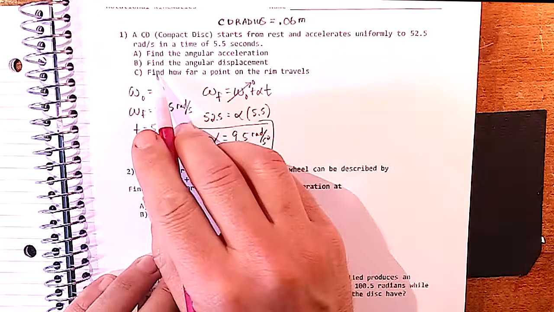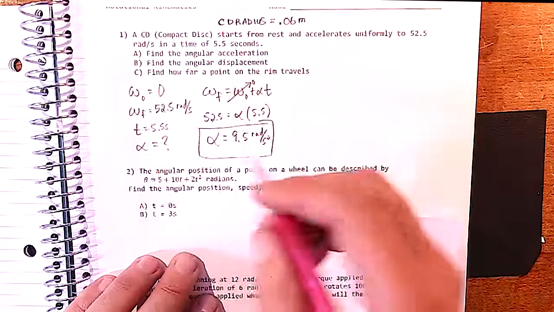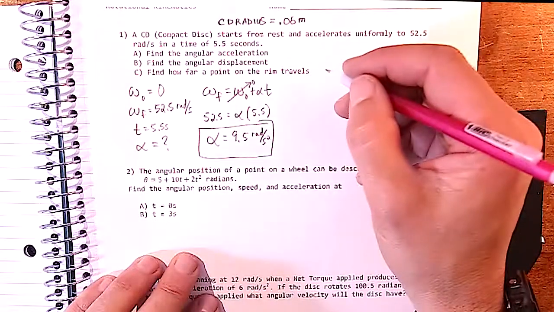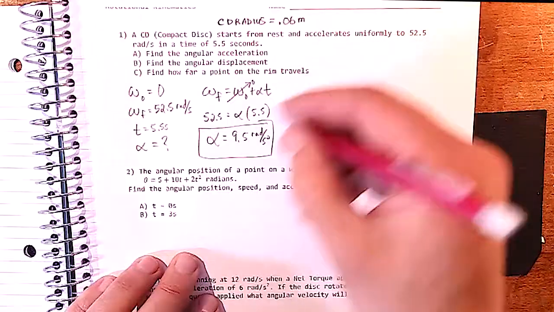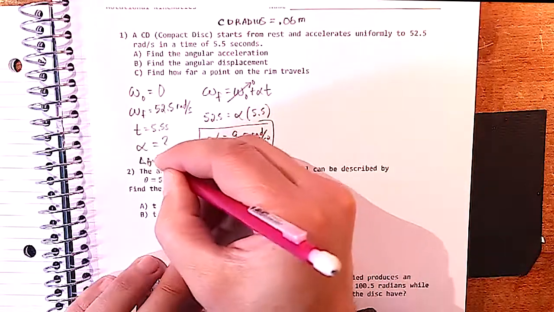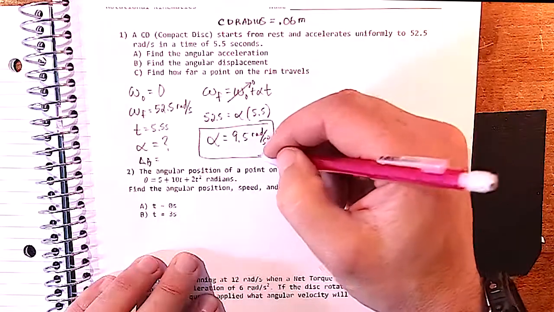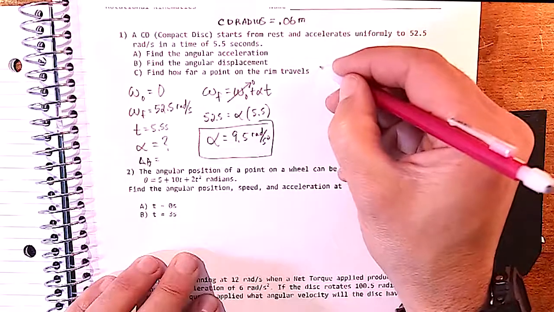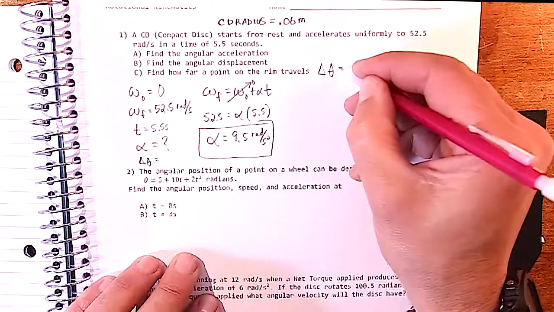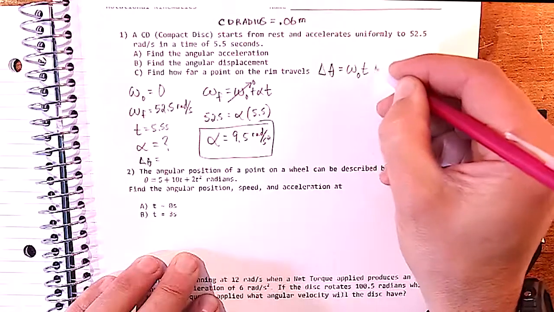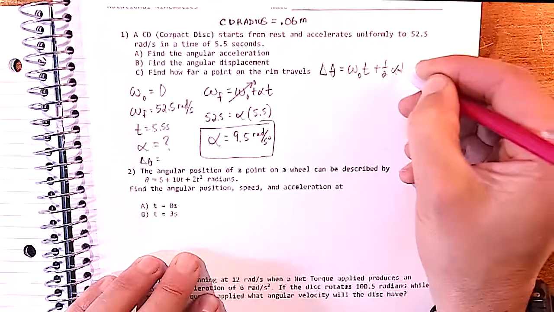The second question says, find the angular displacement. So to do the angular displacement, we're looking now for delta theta. Since we have the angular acceleration, we can do delta theta equals omega t plus 1/2 alpha t squared.